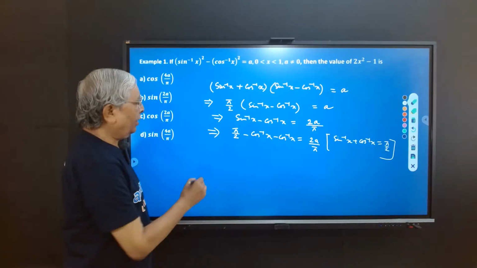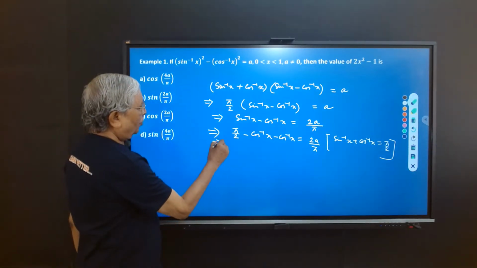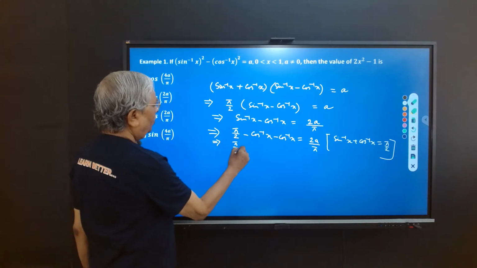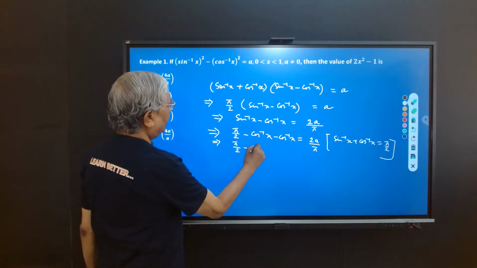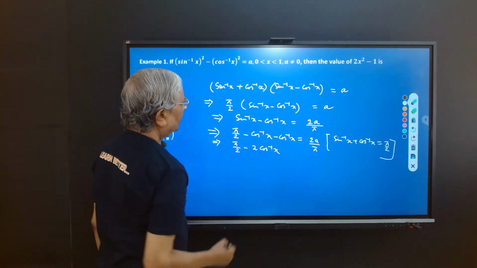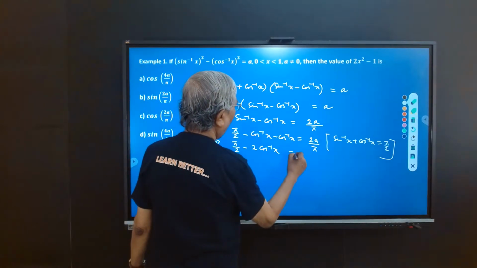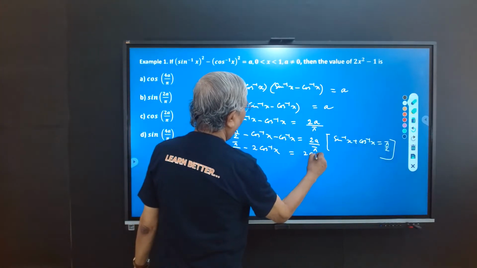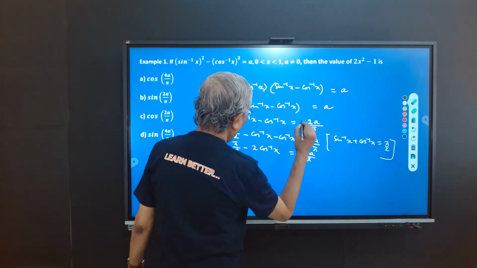Or we can write pi by 2 minus 2 cos inverse x equals 2a by pi.